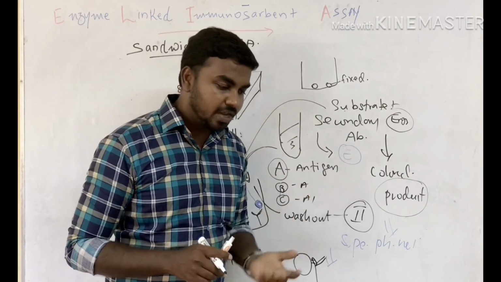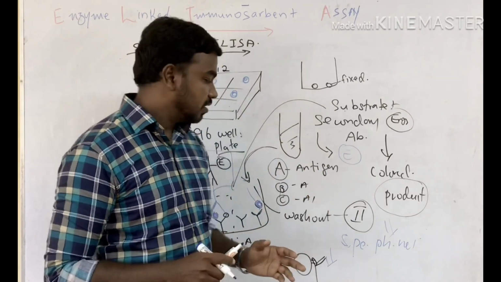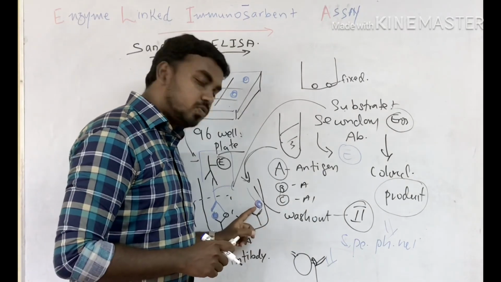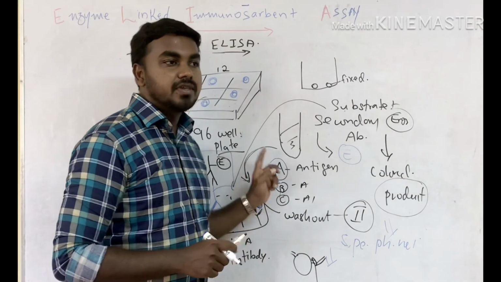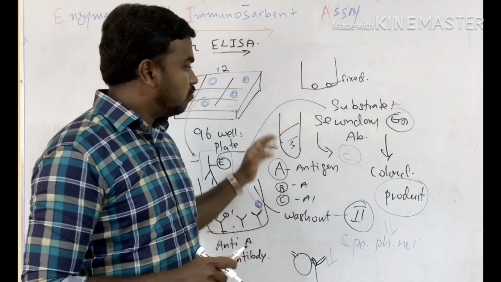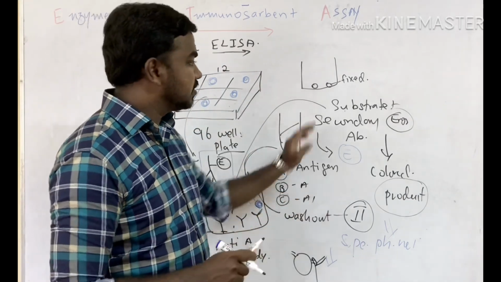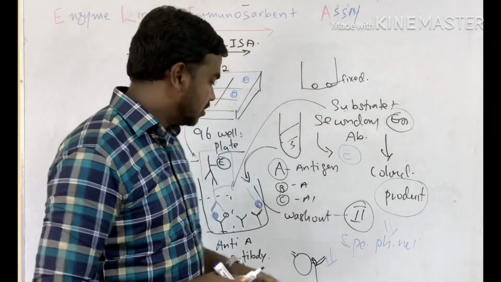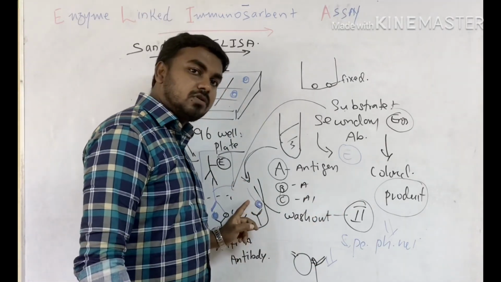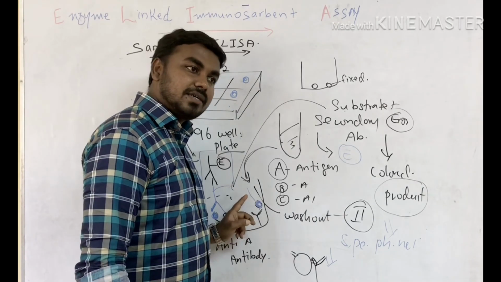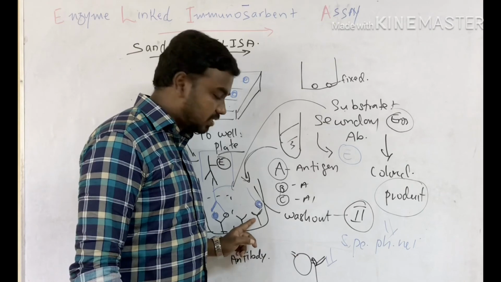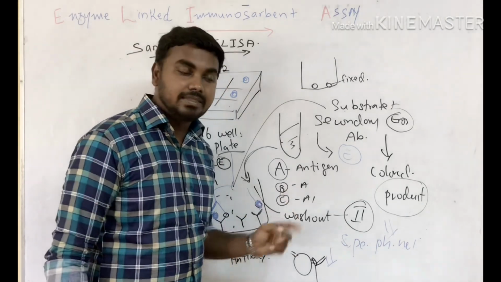You don't need any purification techniques, because these two antibodies are very specific to different epitopes of these antigens. But what is the disadvantage? You should thoroughly know about the antigens of interest, and according to that you have to make your antibodies so that they can bind easily.